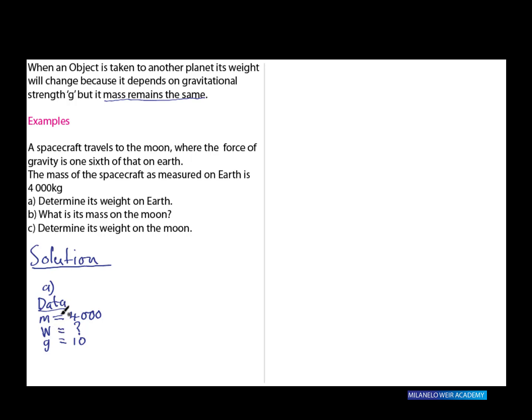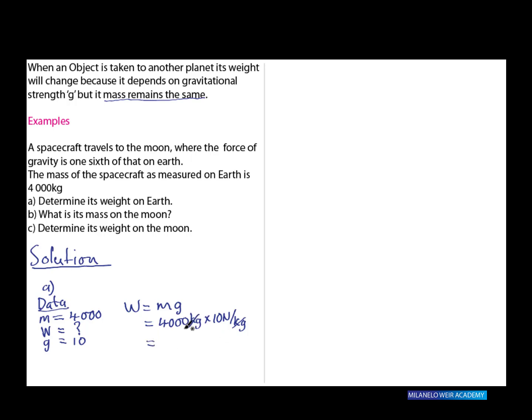Can I use mass and gravitational strength to find weight? The answer is yes. So W is equal to mg. M is 4,000 kg, times 10 Newton per kg. So kgs, they cancel out.